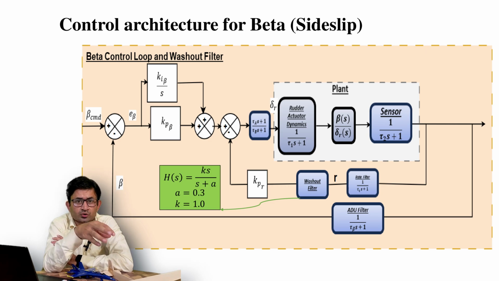But in a closed loop using PI controller feedback, when you close the feedback and do the stability analysis of the closed loop, you will find the spiral mode is also stable.